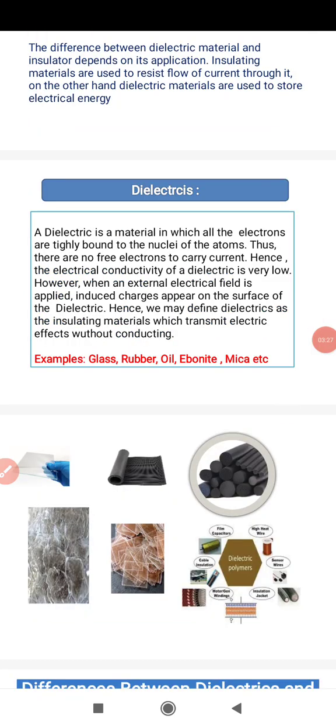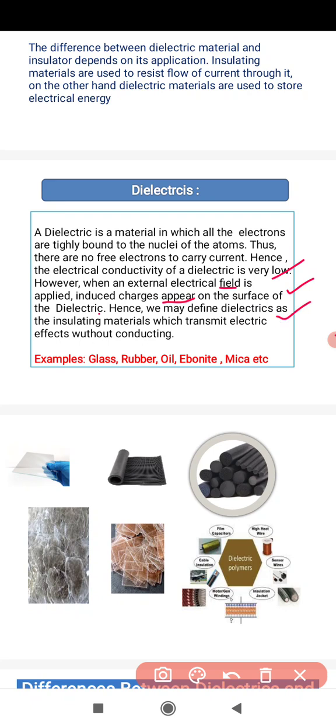Now we see the definition of dielectrics. A dielectric is a material in which all the electrons are tightly bonded to the nuclei of the atoms, thus there are no free electrons carrying current. Hence the electrical conductivity of dielectrics is very low. However, when an external electric field is applied, induced charges appear on the surface of the dielectric.